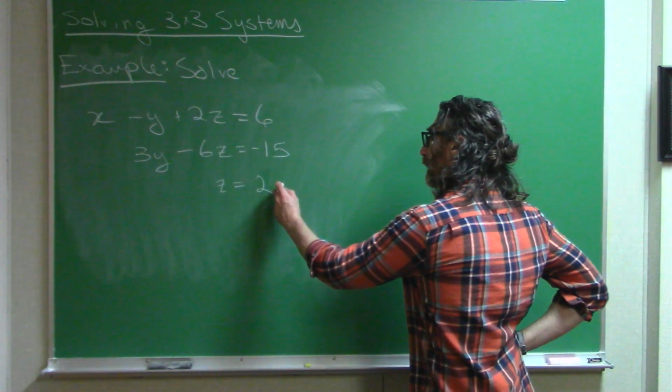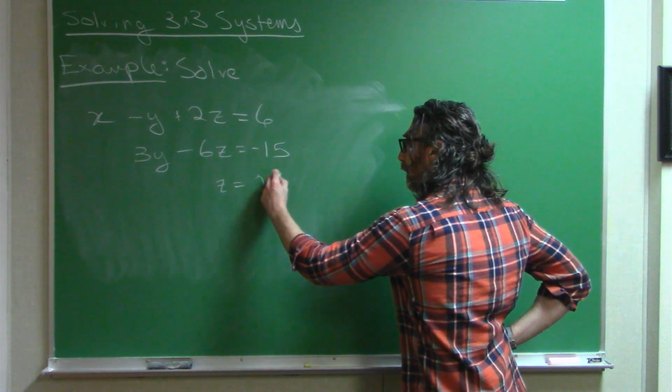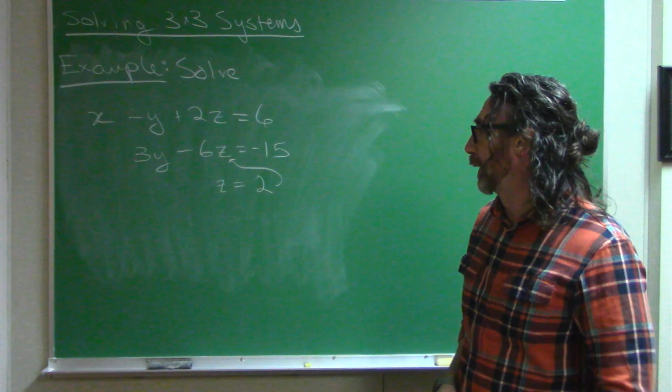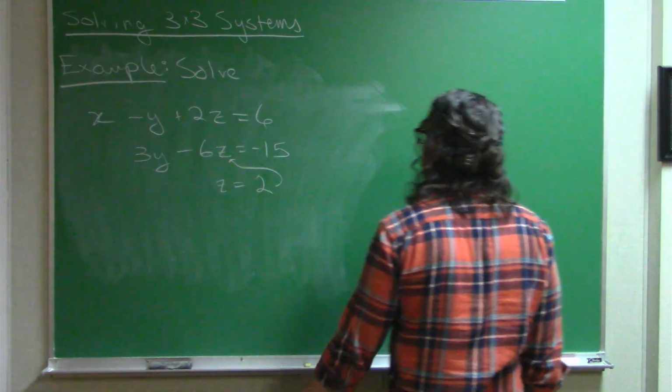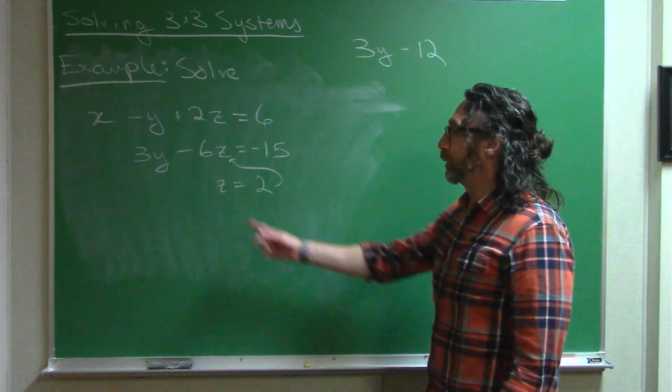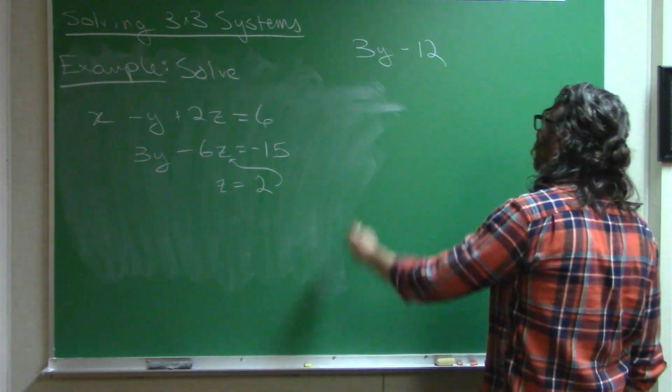So what we can do is take that value and go up to the second equation. So the second equation becomes 3y minus 12 equals negative 15, right? If z equals 2, then 6z equals 12.